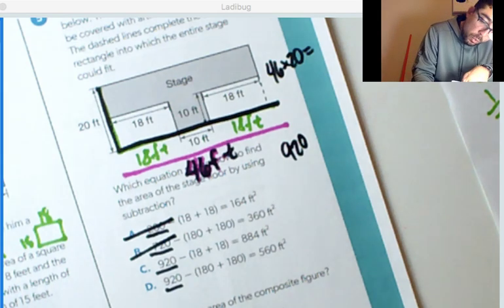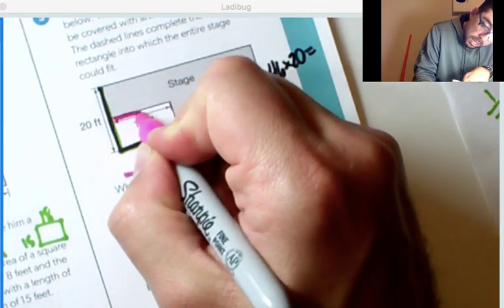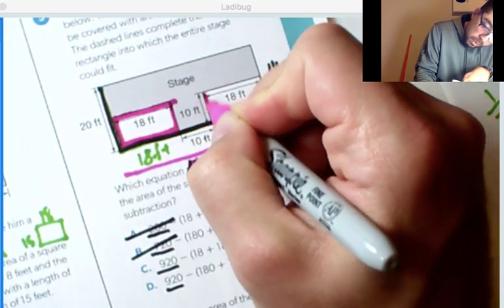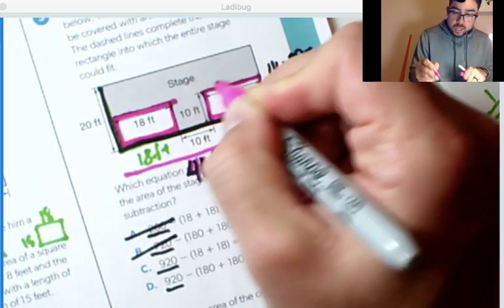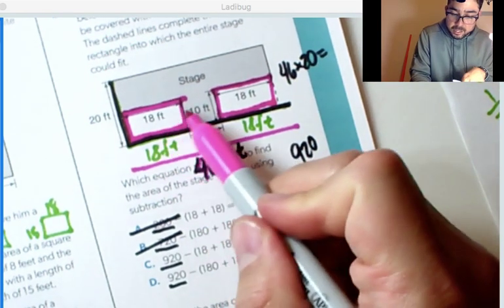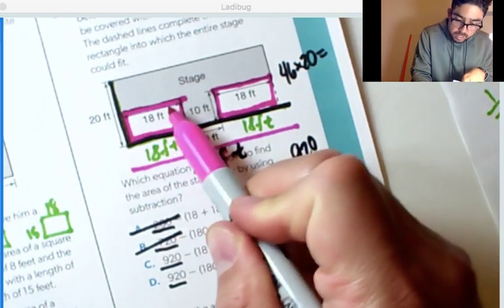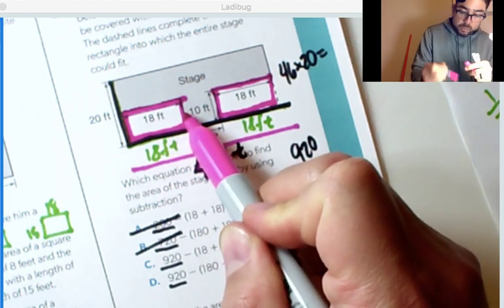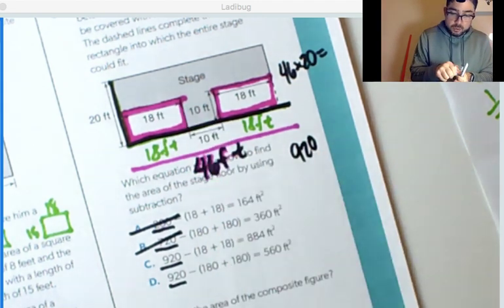Next, we have to find out what the area of these little rectangles are here. I know these are 18 by 10. This is 18 right here. This measurement here is 10. So that's an 18 by 10 rectangle.